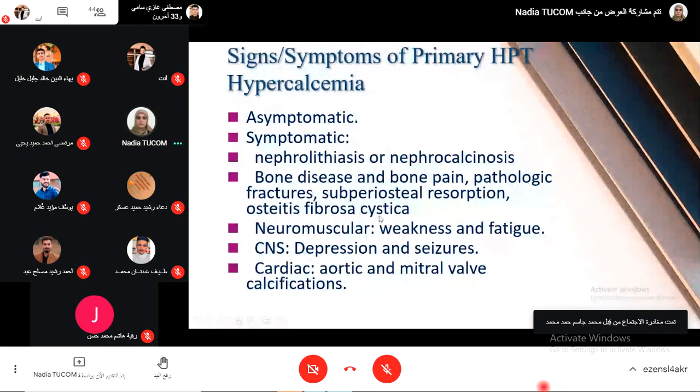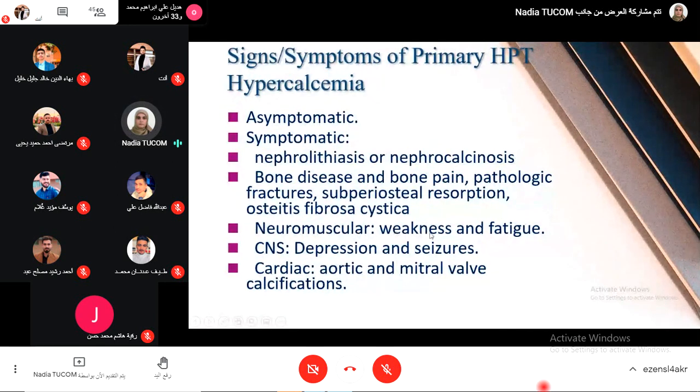These are cystic changes or cystic cavities within the bone as a result of excess bone resorption. Neuromuscular changes as a result of hypercalcemia include weakness and fatigue, and CNS effects include depression and seizures, and also cardiac manifestations or cardiac disorders.